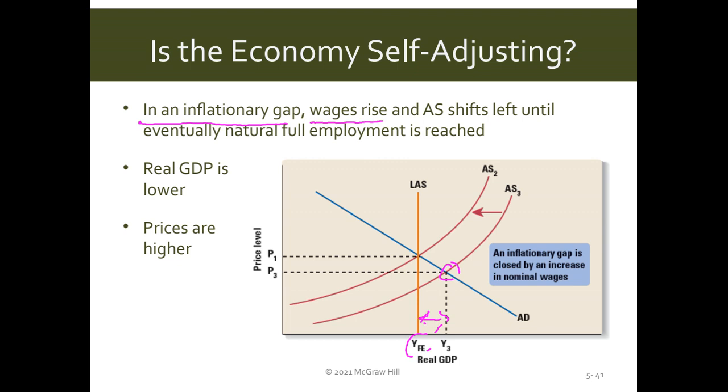They demand higher wages. That will increase the cost of production. Aggregate supply shifts left until eventually natural full employment is reached. So the aggregate supply curve shifts to the left, and eventually you reach this point, which is also full employment, but this time you have some inflation or increase in price index as well.